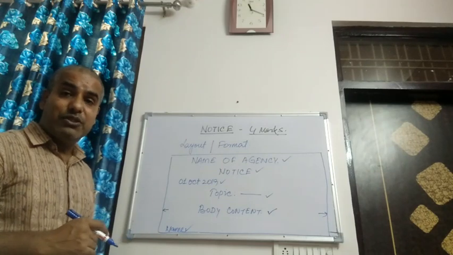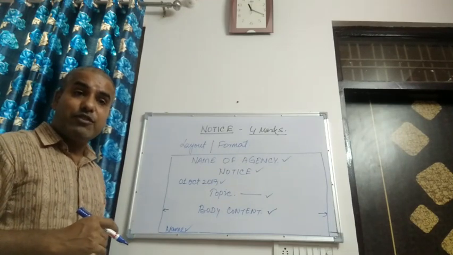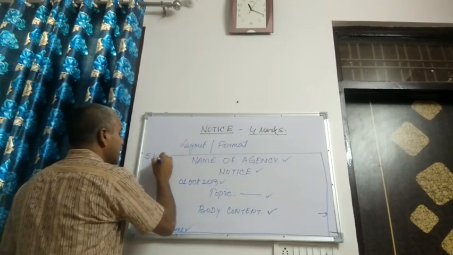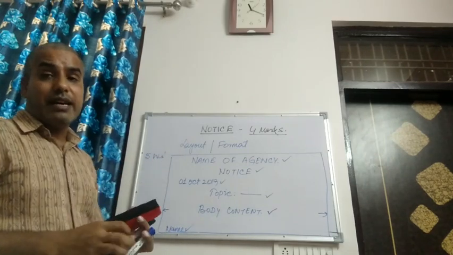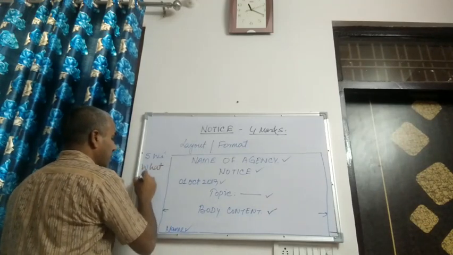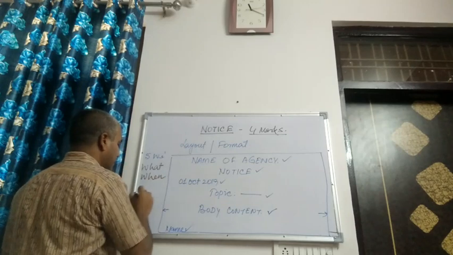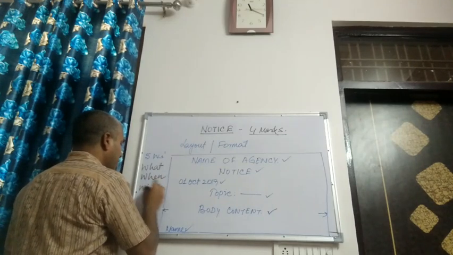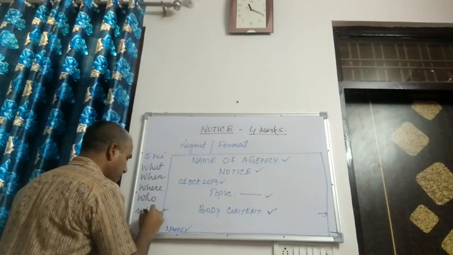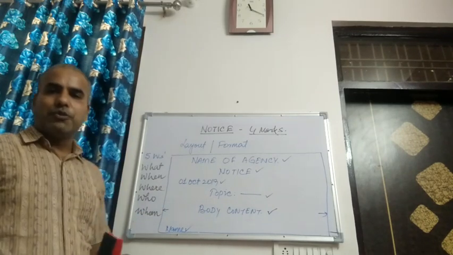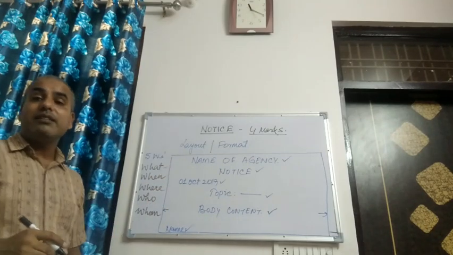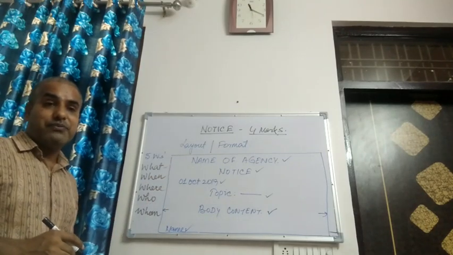So let me tell you, in the body content you have to mention 5 W's. These are what, when, where, who, and whom. What is the reason you are writing the notice?